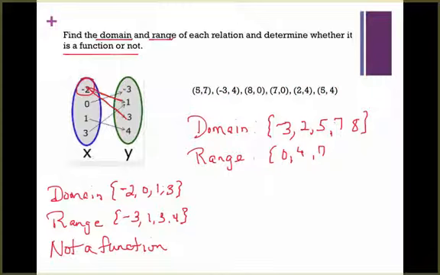Did we use our x values more than once, and were they paired with a different y value? So we have an x value of 5 that was used twice. And that 5 was paired with two different y values. It was paired with 7 and it was paired with 4. So this would again be not a function.